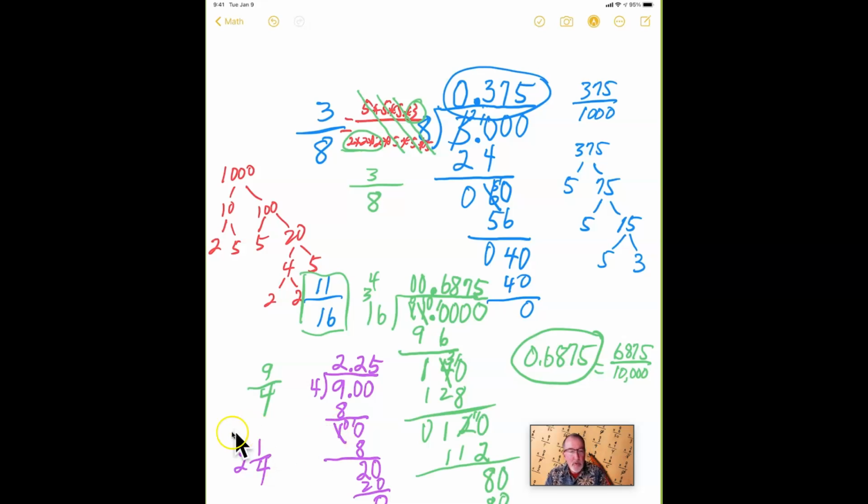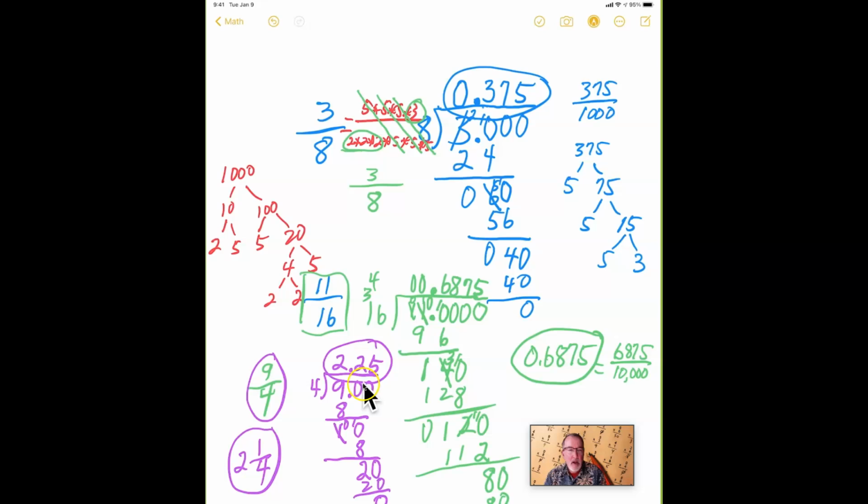That would become 2 and 1/4, which is 2.25. So these all three are saying the same thing. And so this is something to keep in mind, that 2 1/4 is the same as 9/4, which is the same as 2.25, or 2 and 25 hundredths.